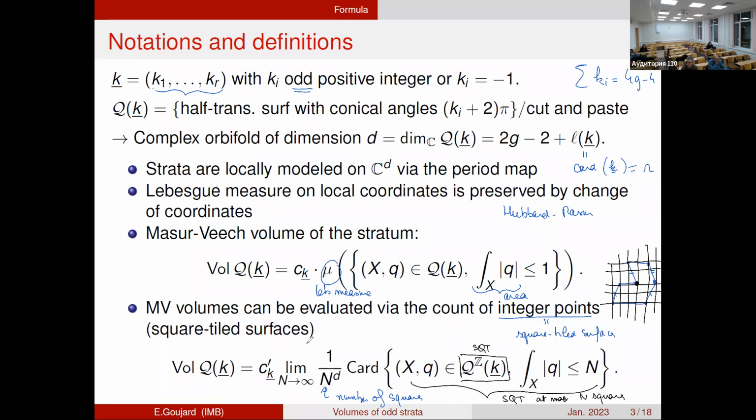So what I call integer is that this complex number belongs to the lattice Z plus iZ. This is what I mean by integer. Yes, but is it possible to represent the same surface in a different way so that all cuts will be either vertical or horizontal?